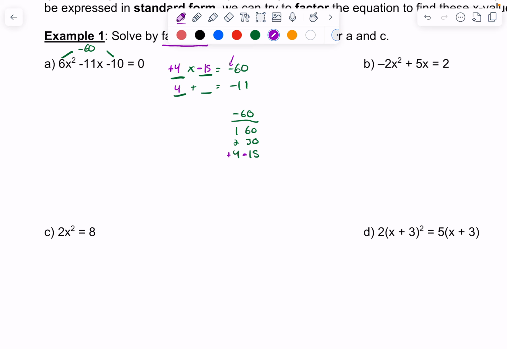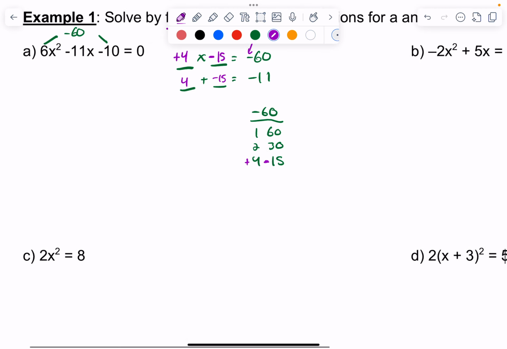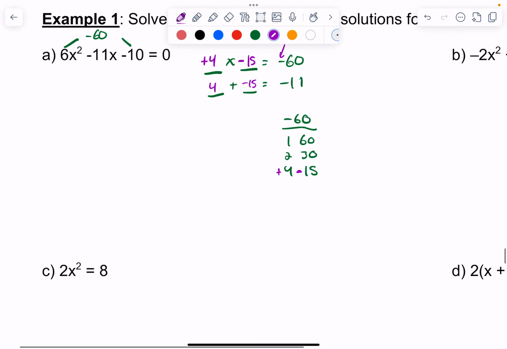So decompose that middle term. So you get 6x squared, and then we have plus 4x, and then we have minus 15x minus 10. So again, this 11 became now those.